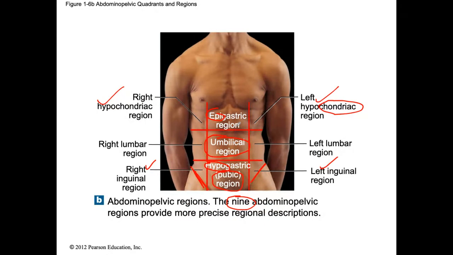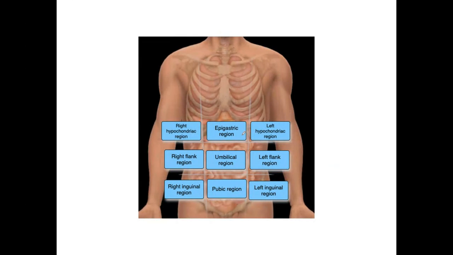I've seen this pop up on a drag and drop like this on some of the lab quizzes. So again, umbilical region is in the center, epigastric above the umbilical, hypogastric or pubic region below. You have a left inguinal and a right inguinal, a right hypogastric and left.